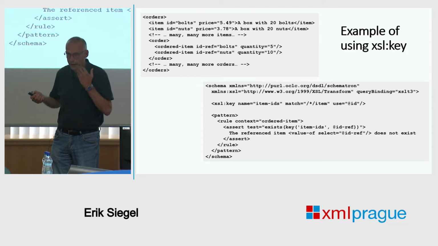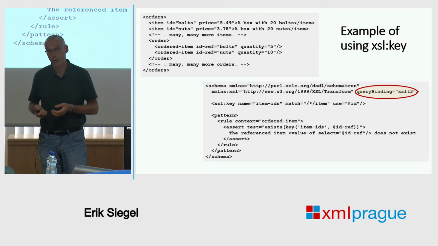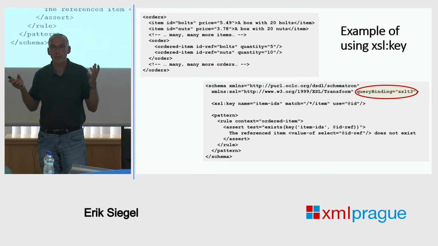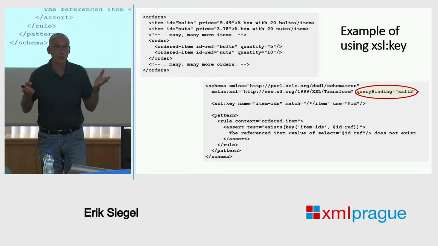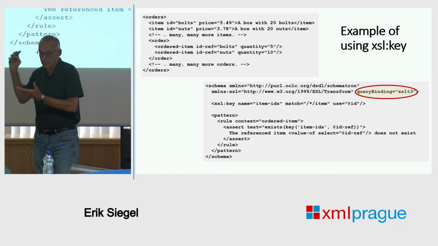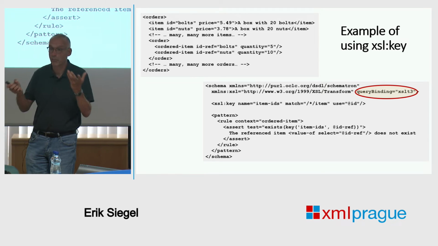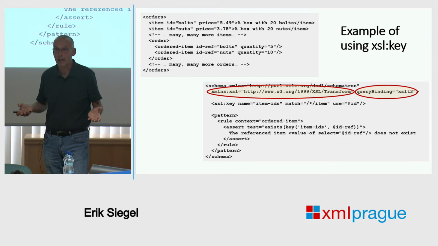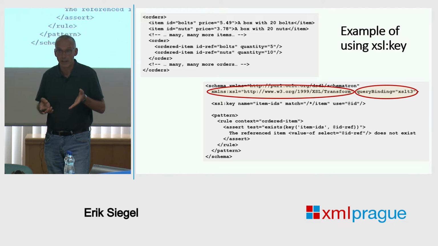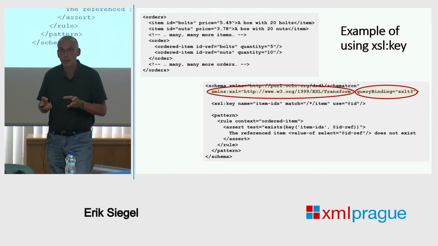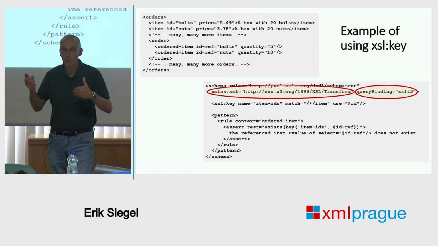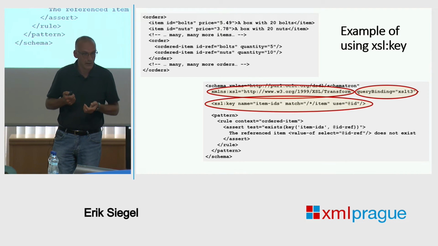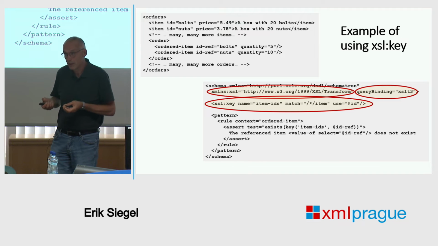What do you need to do to make this work? First, you need to define your query binding, and I have set it here to XSLT3. XSLT2 would also work, but I use XSLT3 myself by default. Then you have to define the XSL namespace, because you're using XSL elements in your Schematron schema, so the namespace must be defined. Then you define your key.